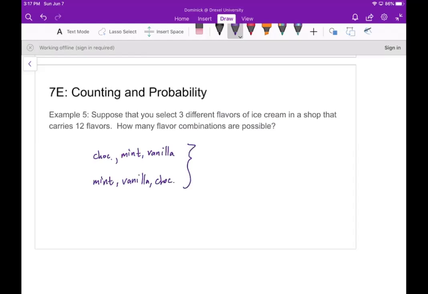So in this case, the order does not matter. Right, and we're excluding the fact that maybe you want to finish off with mint because that's your favorite or whatever. We're going to assume here that the order does not matter, so that tells us that we're dealing with a combination.